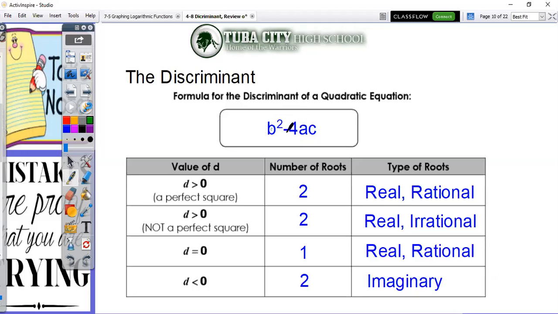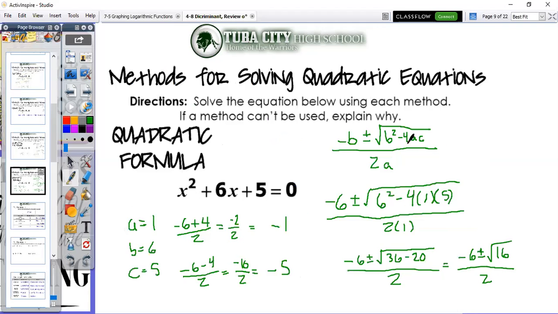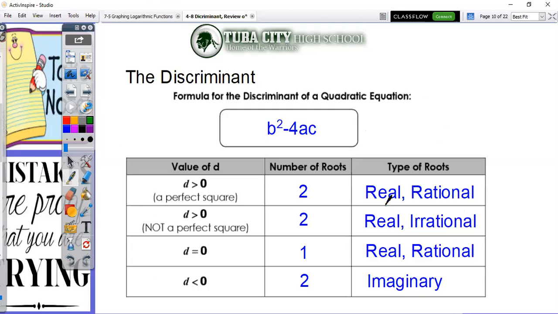So by looking at this part, if you remember the quadratic equation, there's this part right underneath the radical, the b squared minus 4ac. When we were working with the quadratic formula, you may have noticed that sometimes you will get one root, imaginary roots, or you may get a radical expression root.